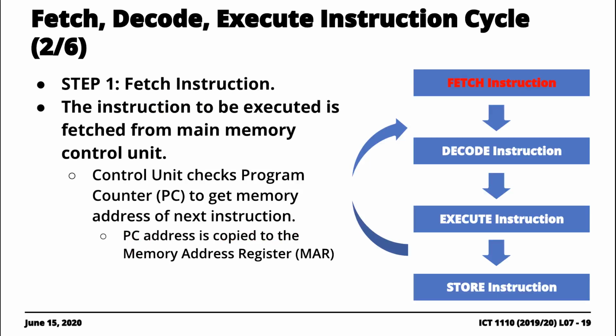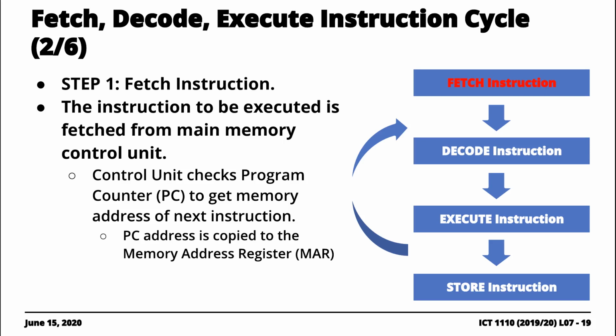All right, so in terms of the actual specific details associated with step number 1, which is fetching, like we said, the fetching of the instructions is done from main memory, right? So the instruction is fetched from main memory. In this case, it would be RAM or ROM or EEPROM or PROM, right?